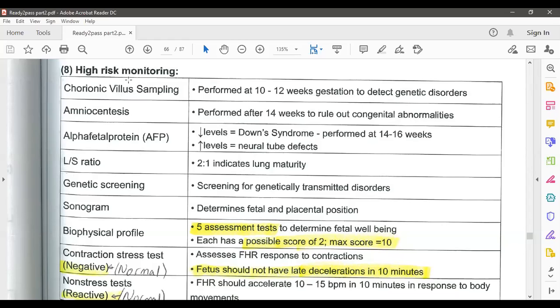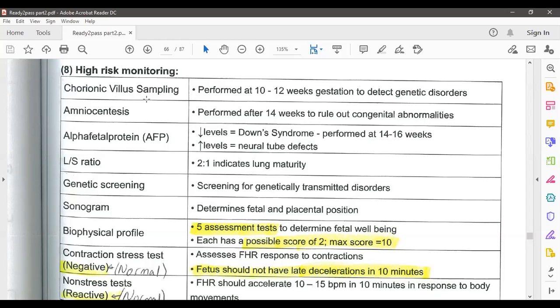In this study, we detect any genetic disorder or chromosomal abnormalities. Chorionic villus sampling has some key advantages and also some complications. You have to tell your patient about the complications and advantages.